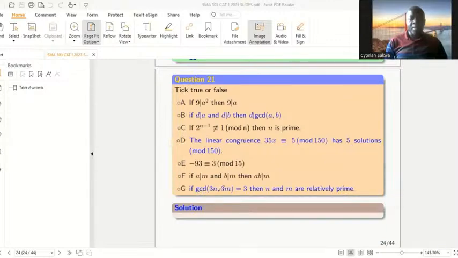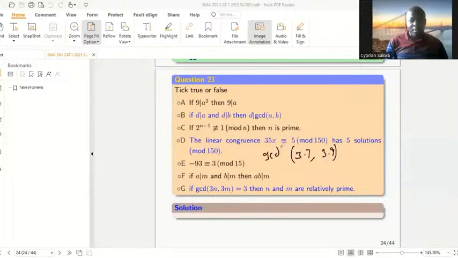What about this one? If the GCD of this is 3, then N and M are relatively prime. The word relatively prime means that the only common factor between M and N is 1. So it's saying that if the GCD of these two numbers, let me see, 3 times 7, for example, and 3 times 9, that's what it's saying, so that the GCD is 3.